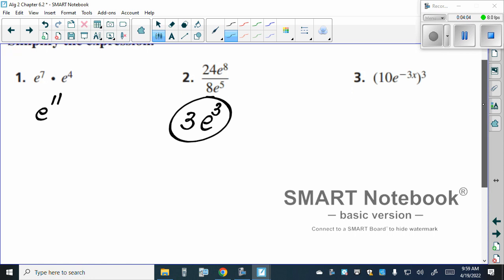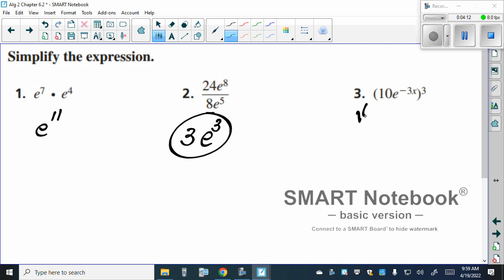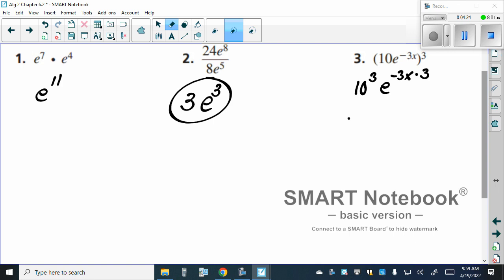And lastly, we have 10e to the negative 3x, cubed. So we're going to cube both the 10 and e. Now 10 is just going to be 10 to the third. Our e to the negative 3x, well, this is going to be multiplied by 3. Powers of powers multiply. Now 10 cubed is what? 1,000.